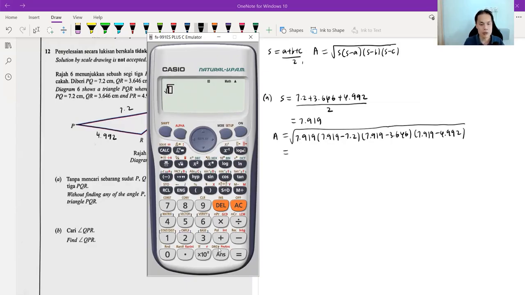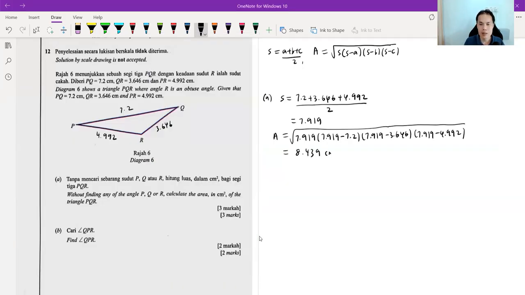So I press square root, press answer, open bracket, answer minus 7.2, close bracket, then answer again, minus 3.646, right? I do that because I don't have to retype 7.919 over and over again. So this answer minus 4.992, close bracket, press equals. There you go. My area is 8.439. Okay.